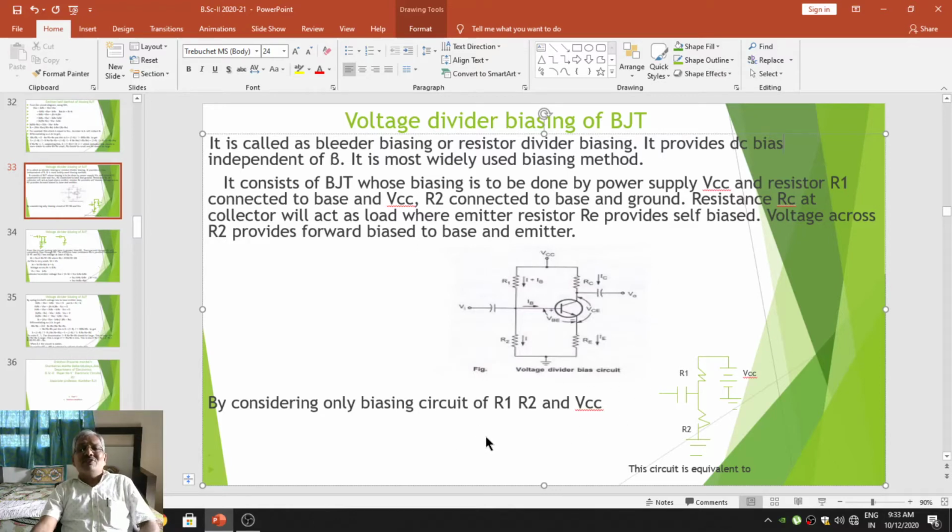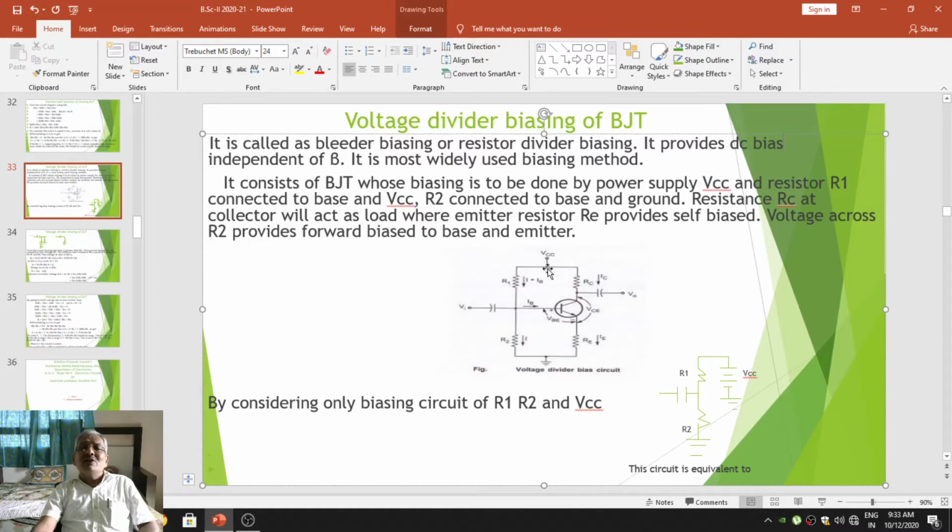Now we are going to analyze this particular circuitry. For analysis, we are going to consider the AC voltage reduced to 0 and only the resistor divider biasing network along with the VCC, and we are going to calculate the equivalent resistance associated with these two resistors.